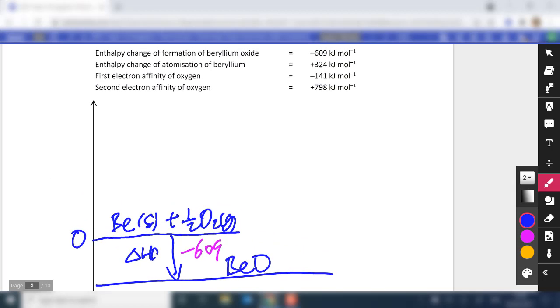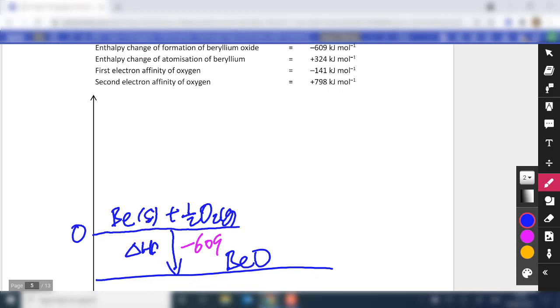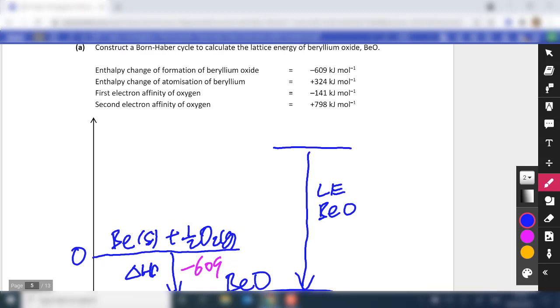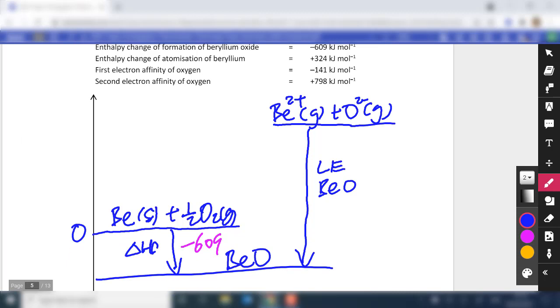The next thing we want to draw in here is likely to be the lattice energy definition. So this is what we really want to find, the lattice energy of BeO. It's defined as gaseous ions, so this is Be2+ gaseous plus O2- gaseous.